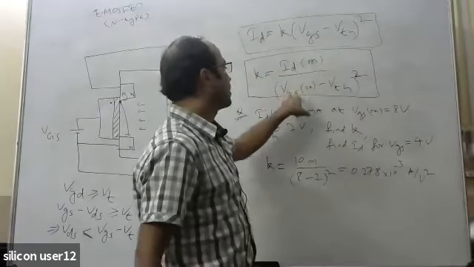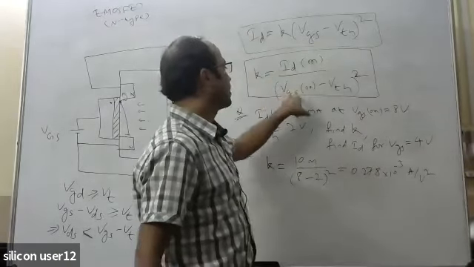But in case of depletion, this was the symbol for the depletion type.